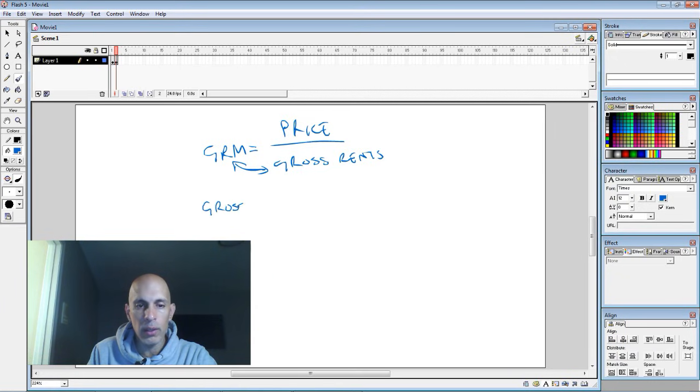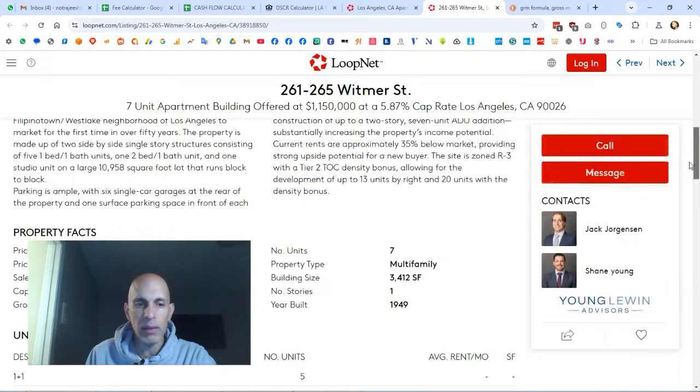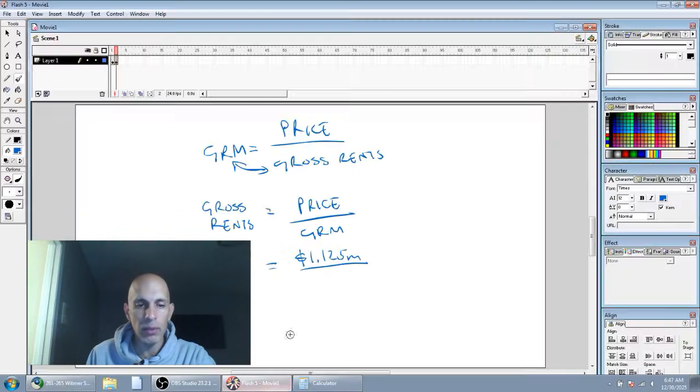So gross rents is equal to price over GRM. Gross rents is equal to 1.125 million over, and they said 10.05, I believe. Yeah, 10.05.